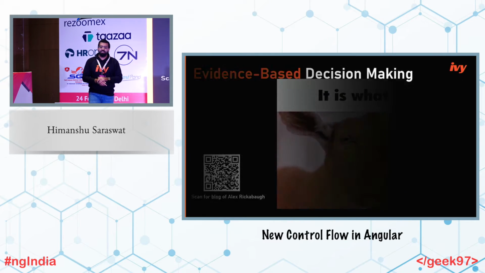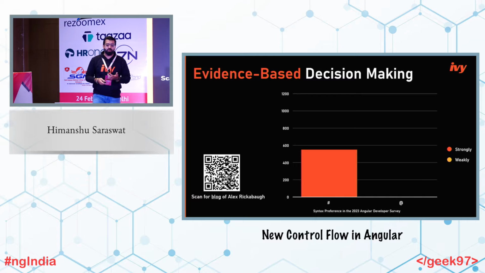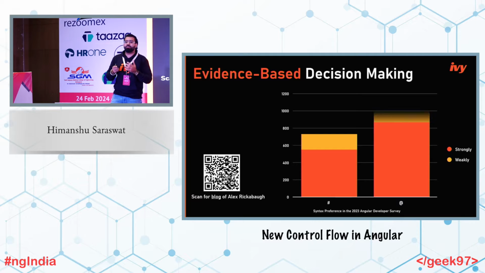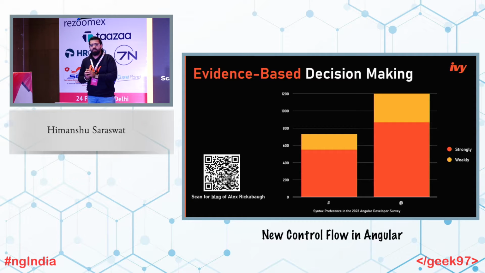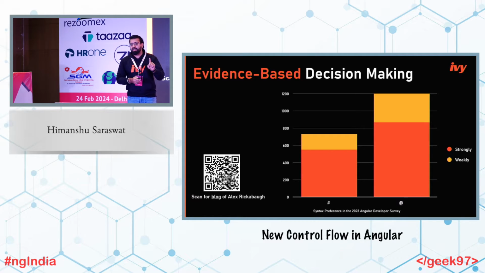If you follow the Angular RFC process, it has always been evidence-based decision making. The Angular team always puts a lot of stress upon how they are taking every decision. So two RFCs were developed, one for deferred views, and the other one for the control flow syntax.